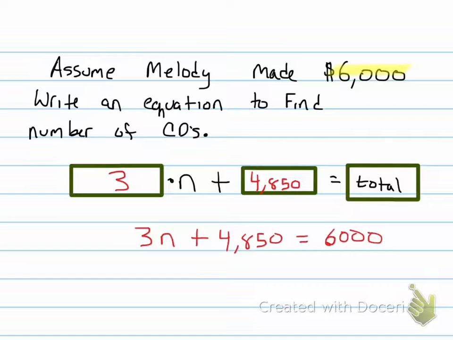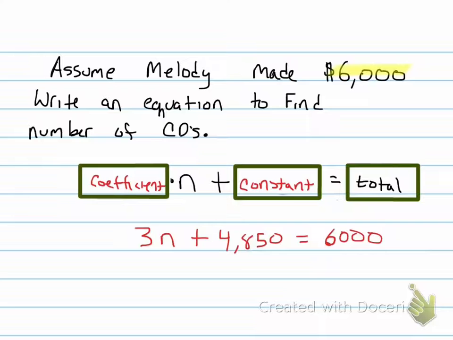Okay, so that's it. The two parts of the equation. The coefficient, the constant equals the total. That's normally how this works. Actually, let me write that there. So coefficient times n, the variable, plus the constant equals the total. That's normally how these equations will look. There's obviously differences or exceptions, but for now this is a pretty good start.